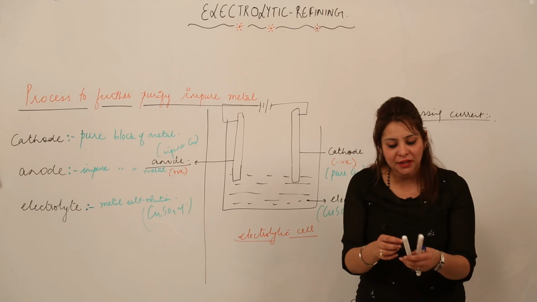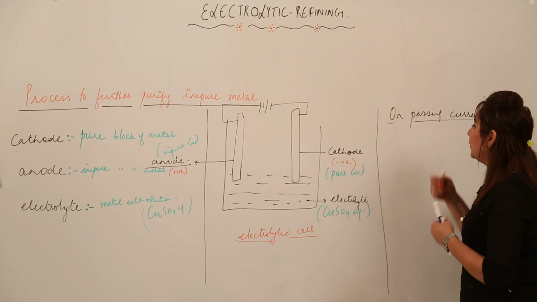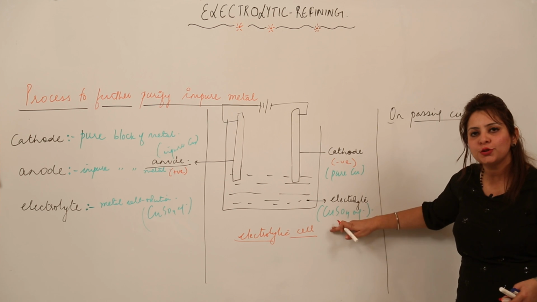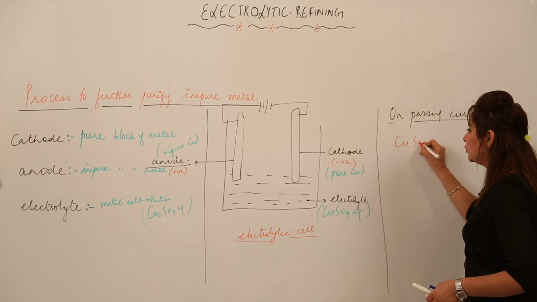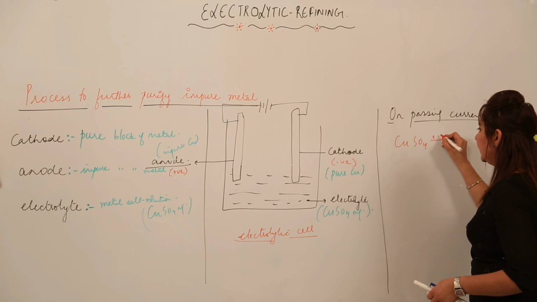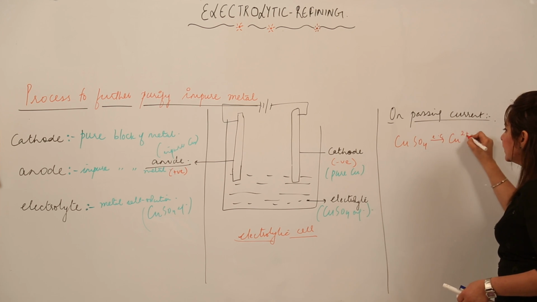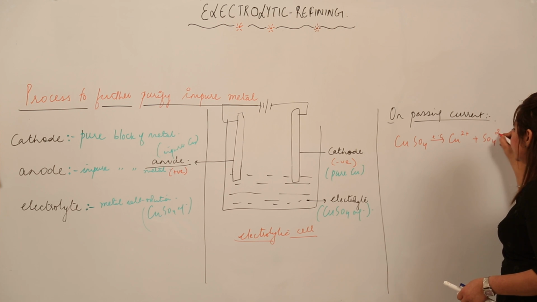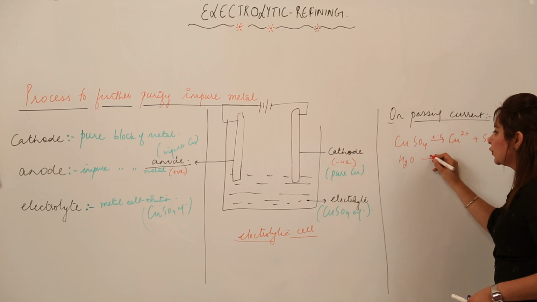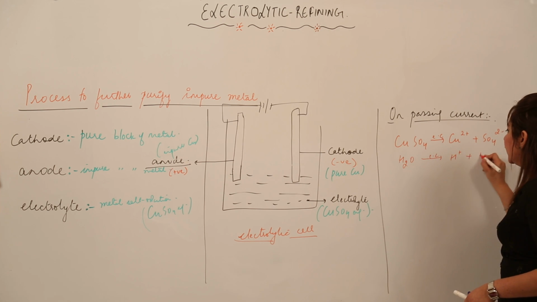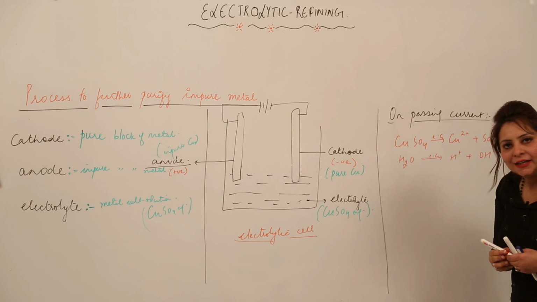Again the same thing is going to happen: when we pass electricity, this salt solution will get dissociated into respective ions. And as we know it is an aqueous solution, water will also get dissociated into its respective ions.